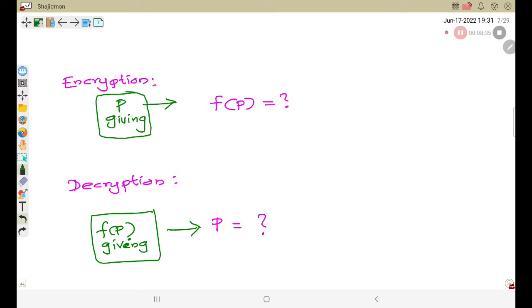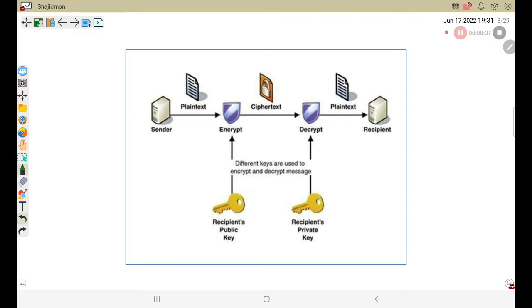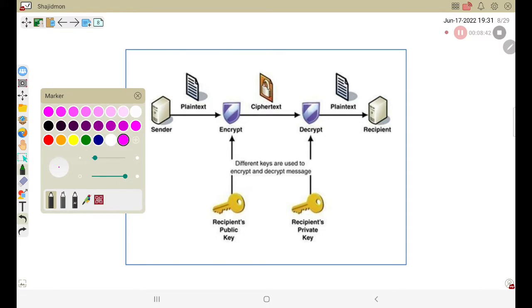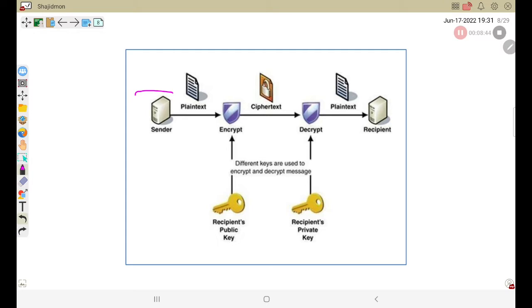Encryption and decryption part. You can see this picture for better understanding, especially IT students can understand more from here. So we have a sender here, this one is the recipient. In between, first we have plain text. Plain text we are changing into cipher text, that is what we are calling encryption.